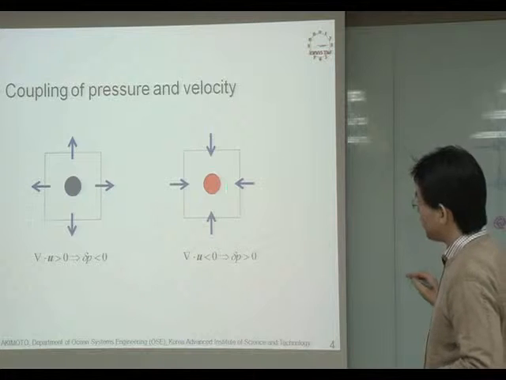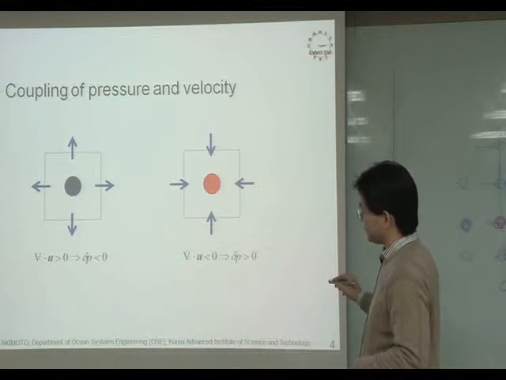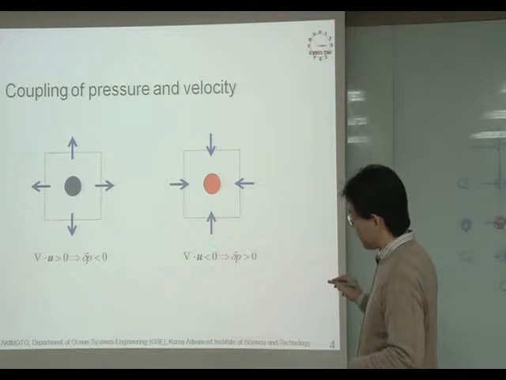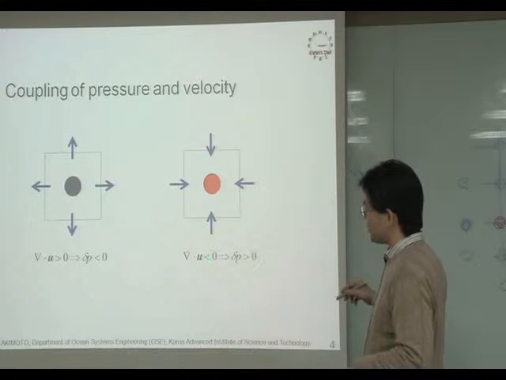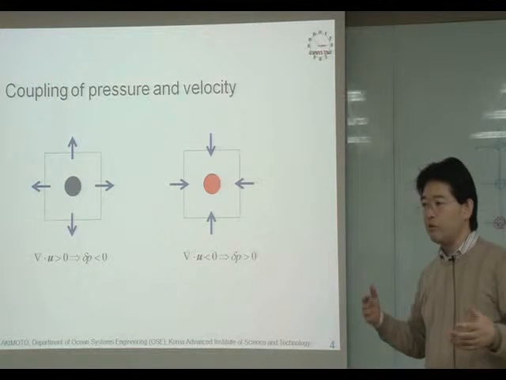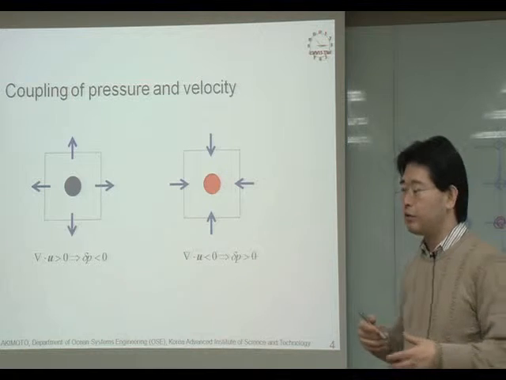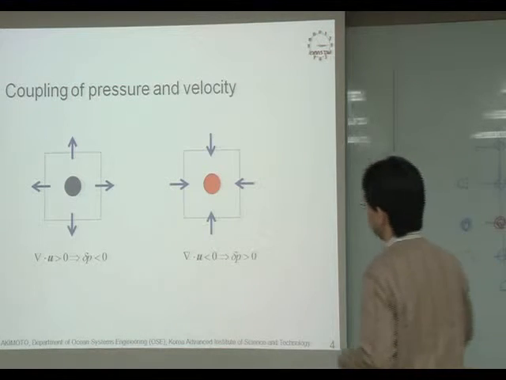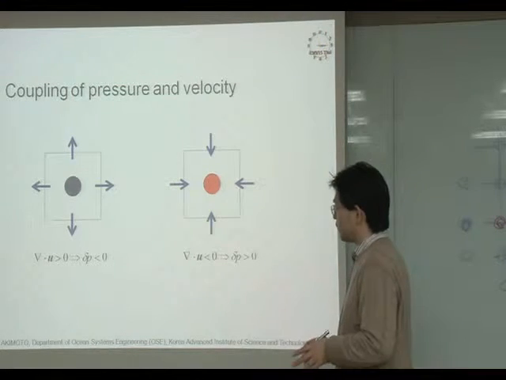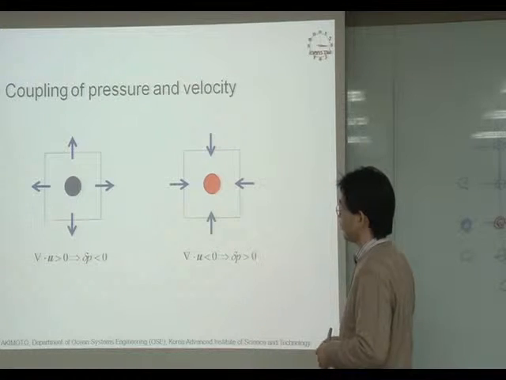The opposite case is this one. If divergence of velocity is negative, it indicates mass is going into the control volume, and it does not satisfy the incompressible condition.